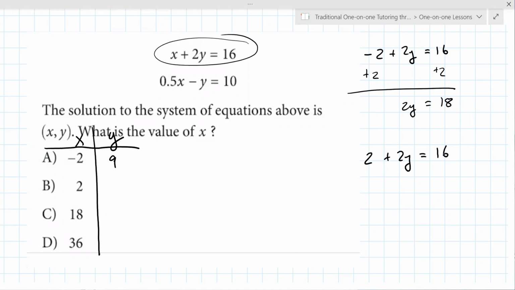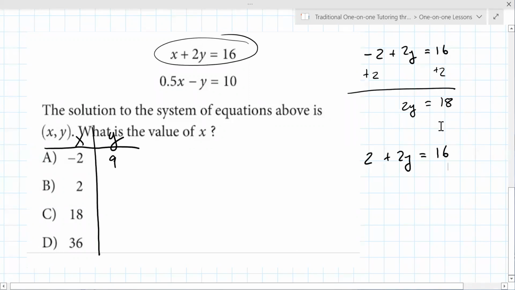It's not the exact same answer. It's -9. It is not -9. Did you have to add? Wait a minute. Subtract. Yeah, you have to subtract 2 from both sides. And then that can give you 7. Yes, y is 7.